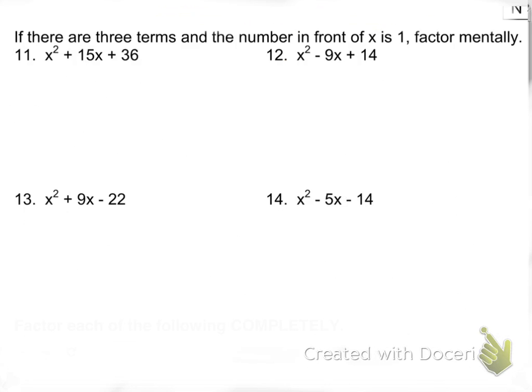Okay. Now for our next piece, if there are three terms: 1, 2, 3 terms. Again, the terms are separated by pluses or minuses. And the number in front is 1.